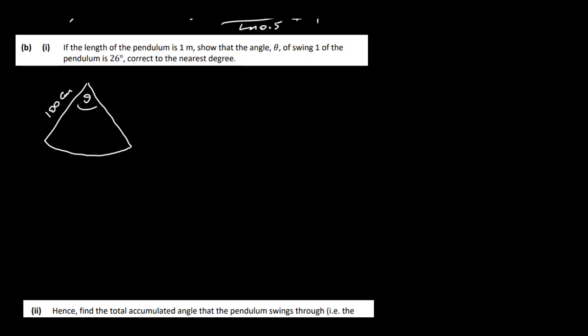So we know that this is 45 centimeters along here. We were told that in the question. So we've got to work out what theta is here. Now we know that the length of a sector is going to be 2 pi r multiplied by the angle divided by 360 degrees. So our length here we know is 45.